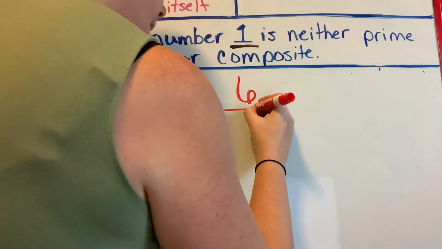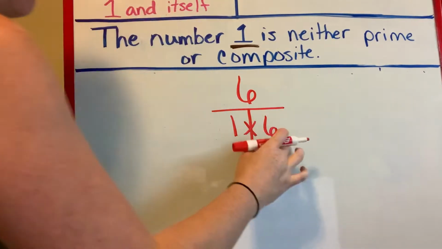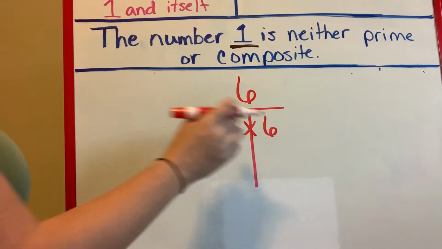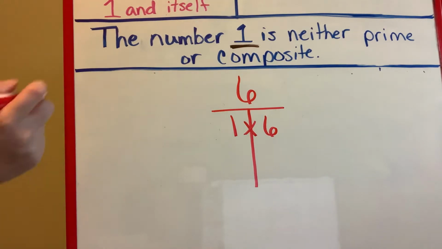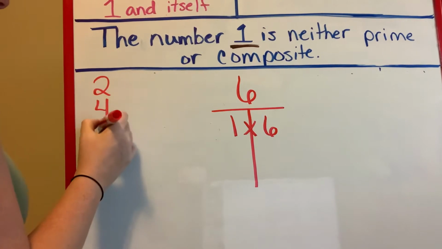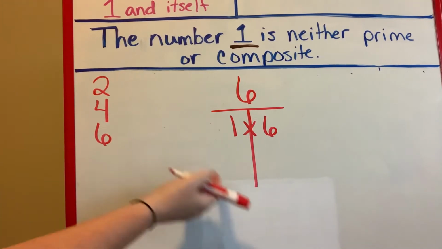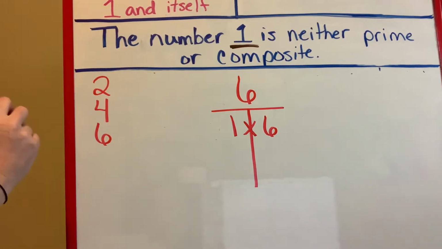Perfect. 1 times itself. Whatever the number is, 1 times whatever that number is. So 1 times 6. What do we test next? Perfect. 2. 2, 4, 6. We always go in order. Did we say 6? Yes, we did. So how many times did we do that?